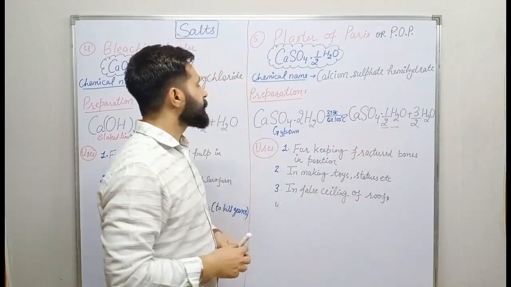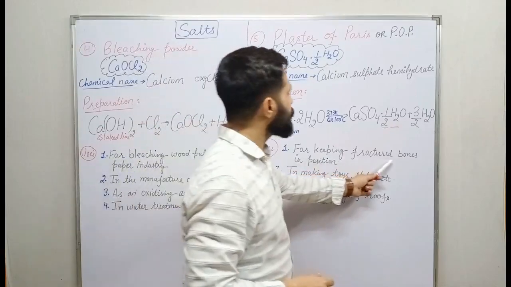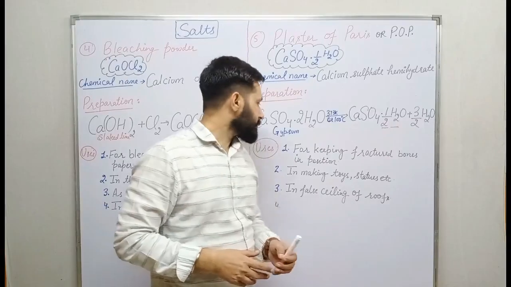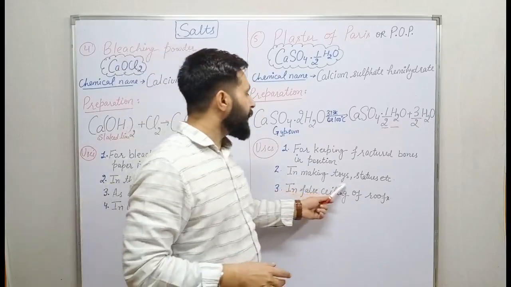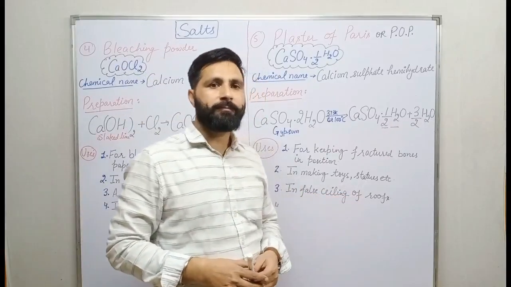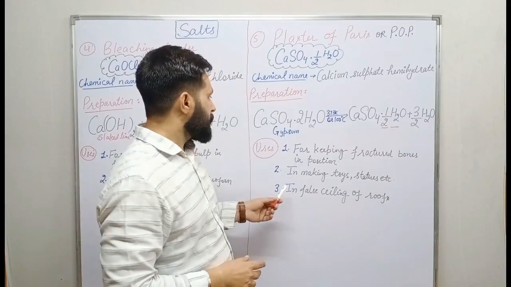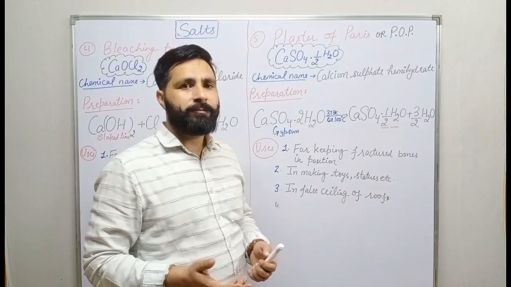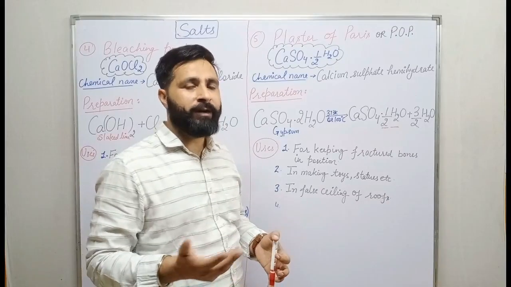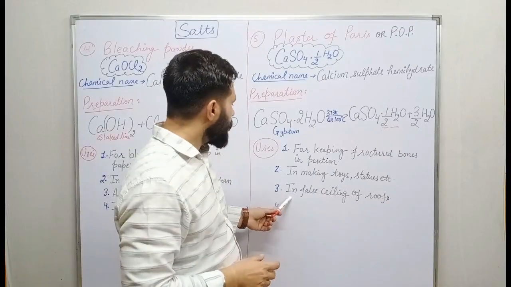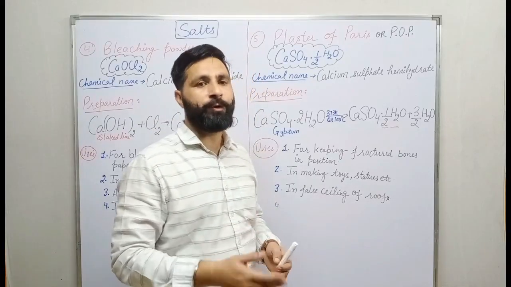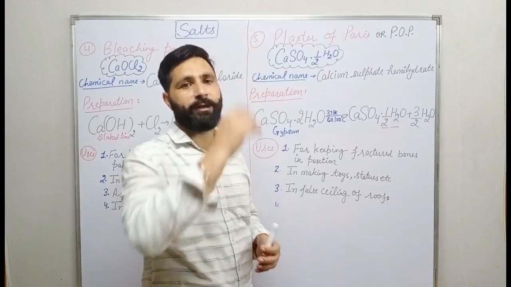So beta, uses: for keeping fractured bones in position. In making toy statues, like you have seen a lot of statues in art galleries also and somewhere else also. In false ceiling of roof, you use POP at home also for false ceiling.